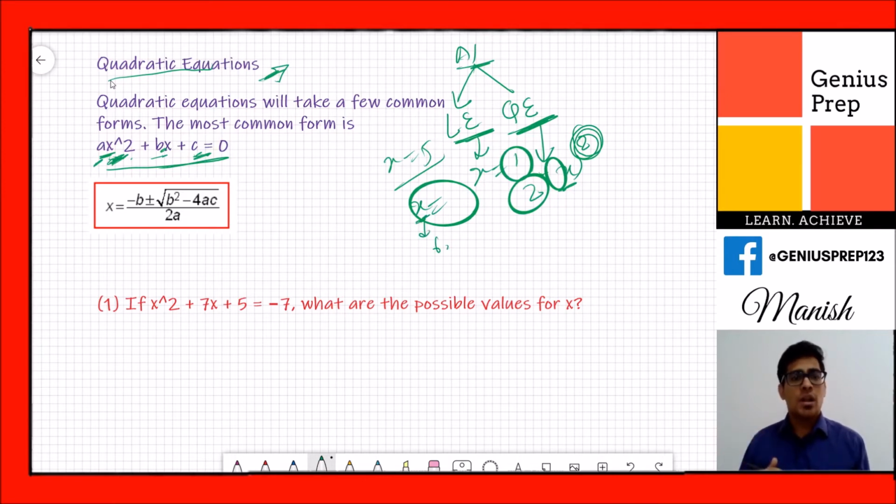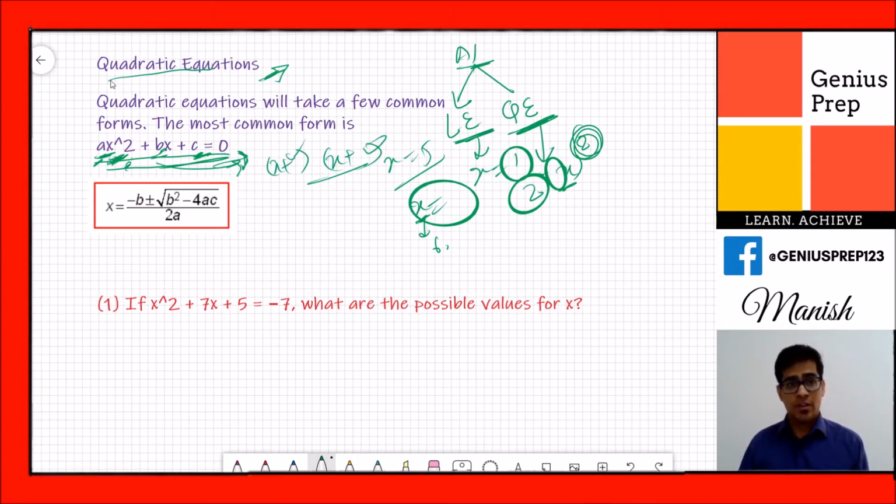Let's see how we solve this kind of equation. This is a very basic equation, ax square plus bx plus c, where a, b and c are constants and x is the variable of which we have to find the value. There are two ways to solve this. First, we factorize it in the form of x plus something and get the value of x.